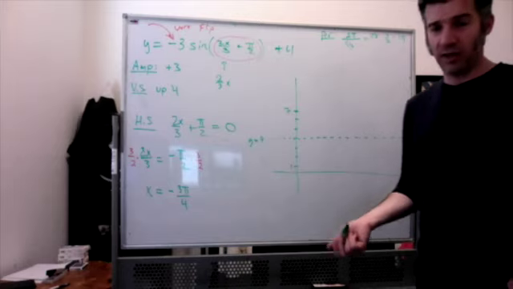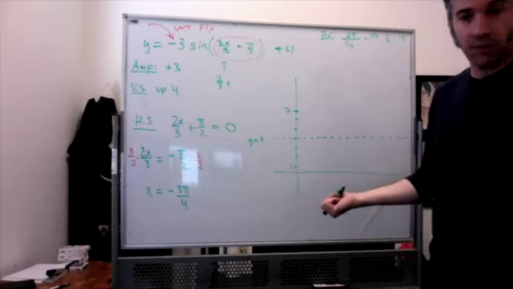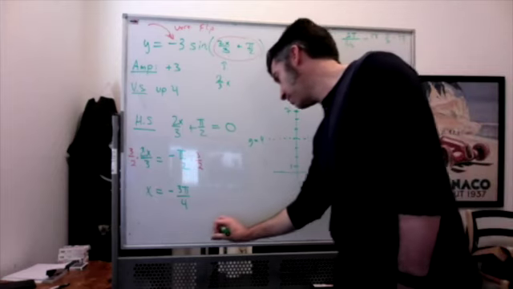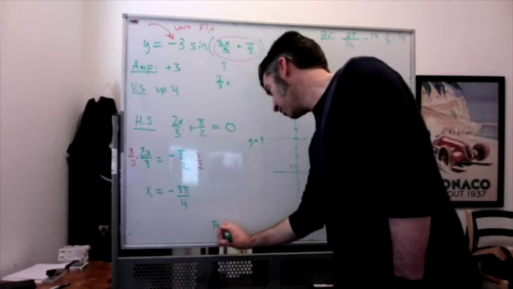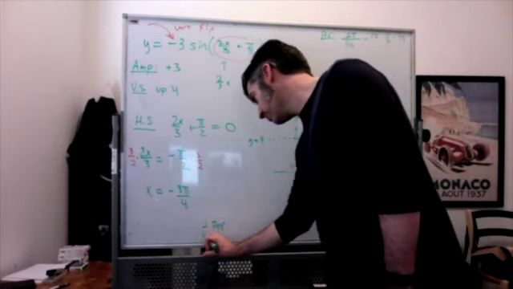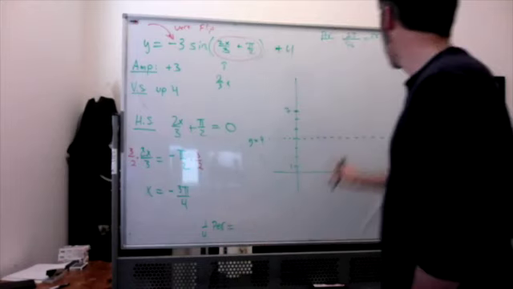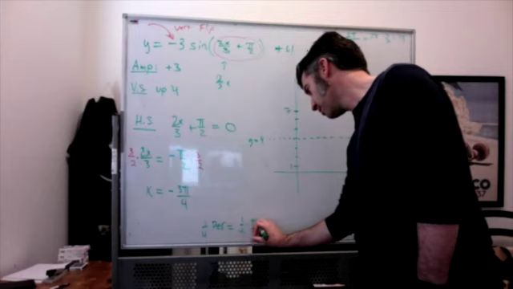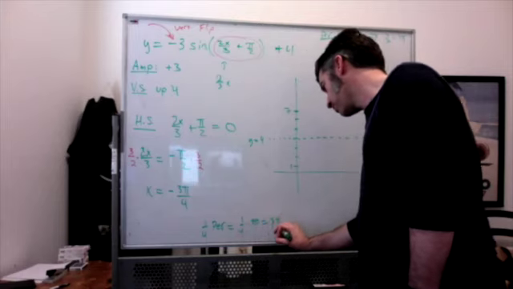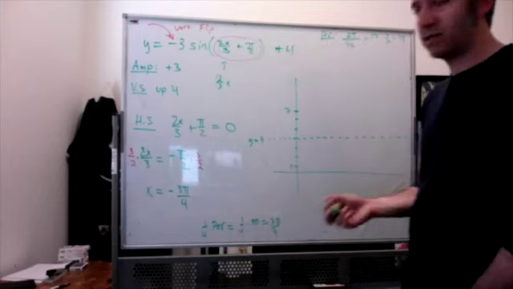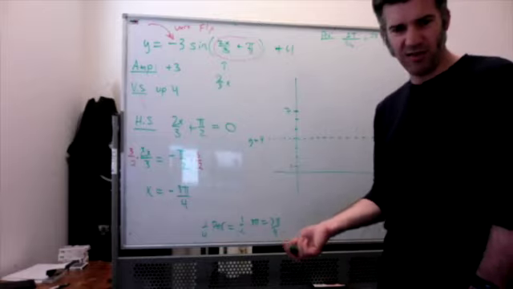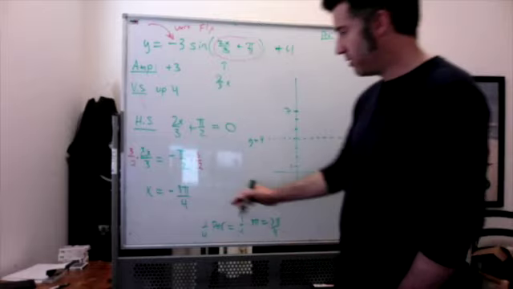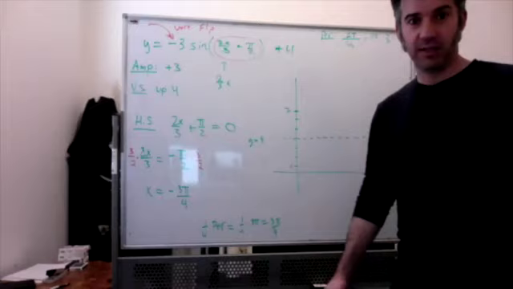So this one's going to turn out actually kind of nice, not intentionally, but that's fine. My period's 3 pi, and 1/4 of my period is 3 pi times 1/4, which is 3 pi over 4. It's kind of a coincidence, although not exactly, that this number and this number are the same.